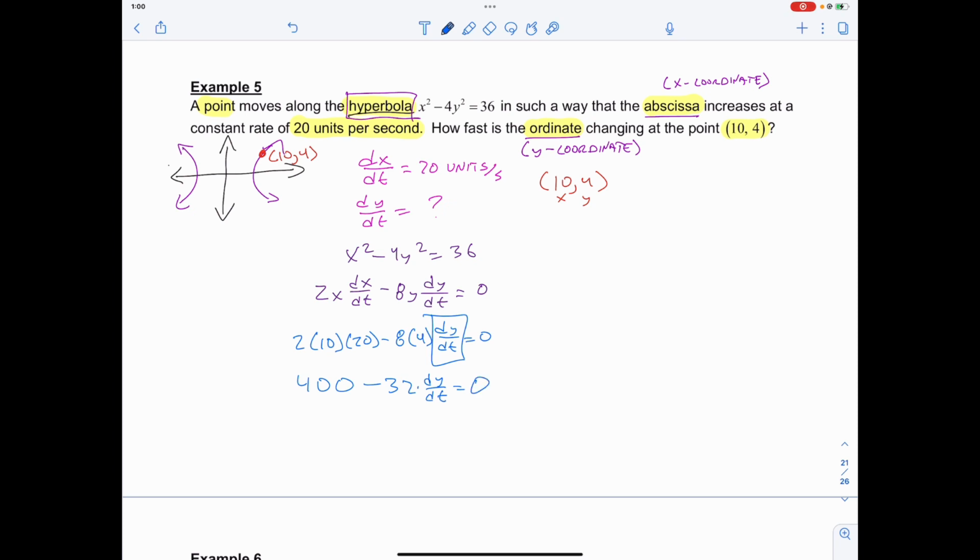This means when I move the 400 over, I get 32 dy over dt is equal to 400, which means that dy over dt is equal to 400 over 32, and I can divide the top and the bottom by 16 to get 25 over 2 units.